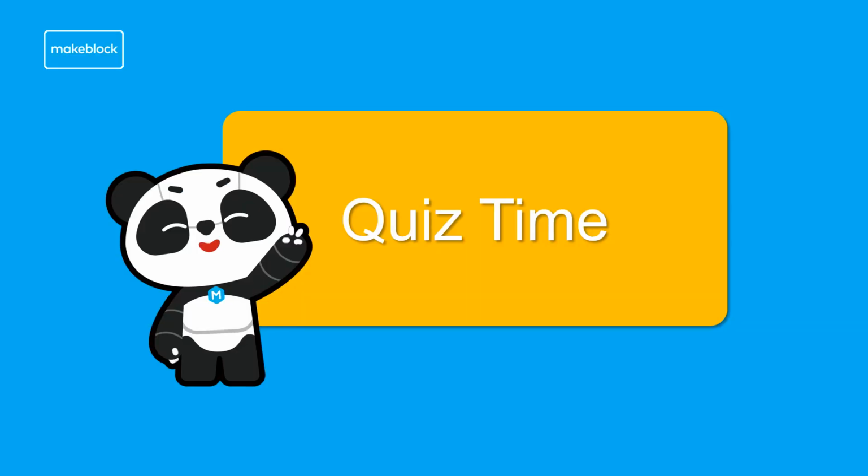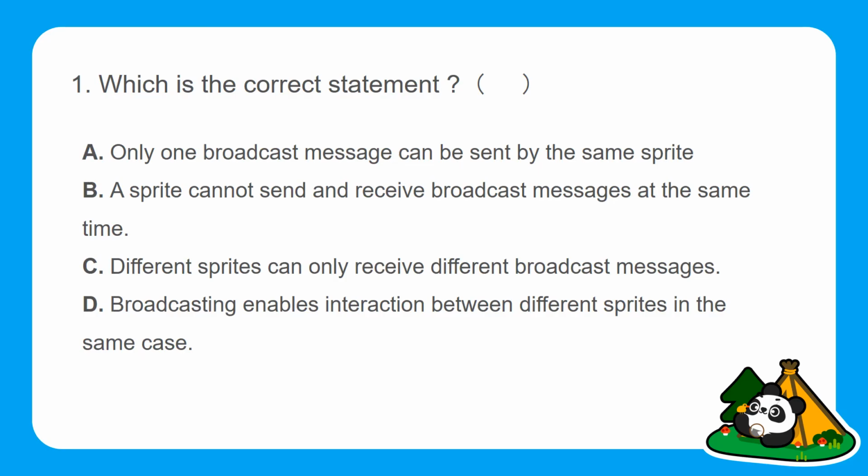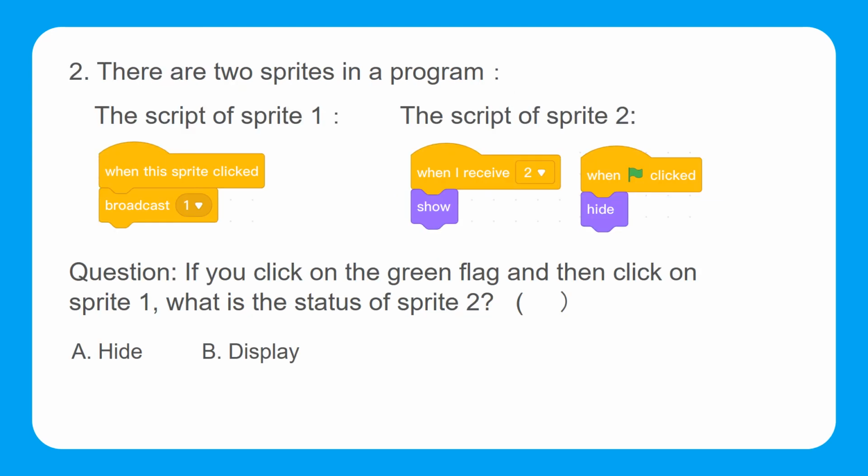For now, it's quiz time and we have 3 questions to answer. Question 1. Which is the correct statement? Question 2. There are 2 sprites in a program, indicated by the scripts shown below.